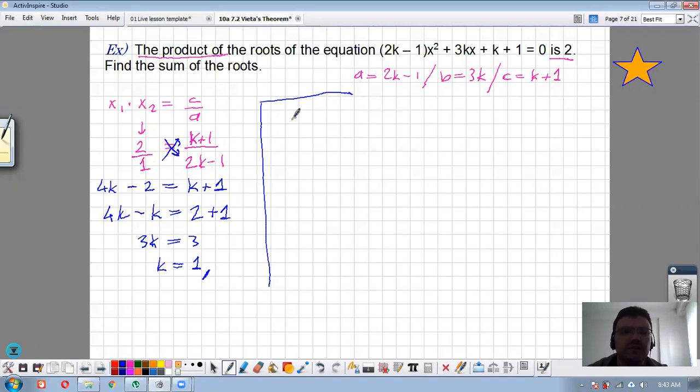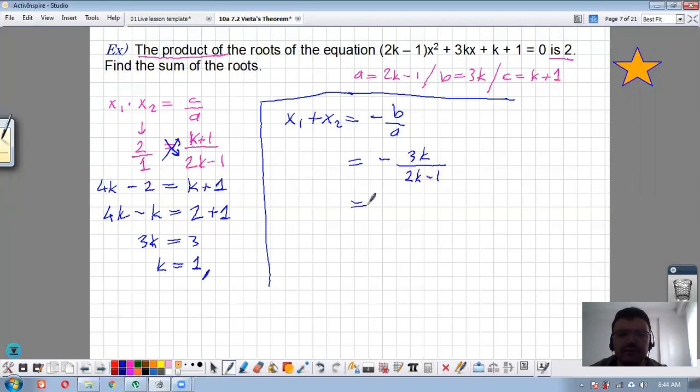But this wasn't the final step. We need to find the sum of the roots. Let's do that. The sum of the roots, x1 plus x2, is equal to minus, what was the formula? It was b over a. So then I will replace these things with the k values. What about b? 3k. What about a? 2k minus 1.